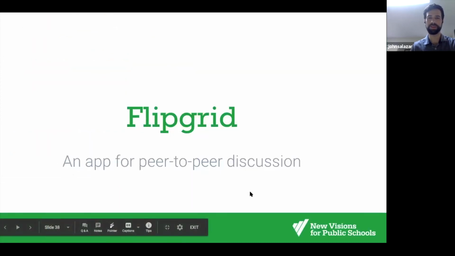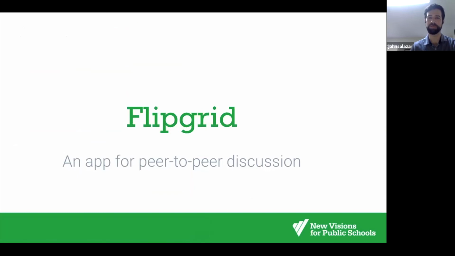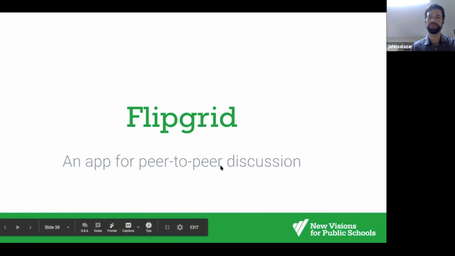All right, so now we're going to do a peer-to-peer discussion. We're going to pretend that this is like an asynchronous setting where you're put into an independent breakout room and have some independent work time.